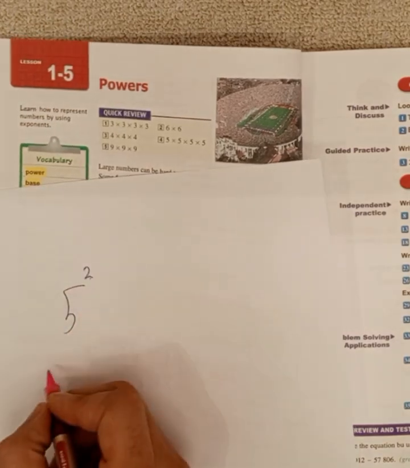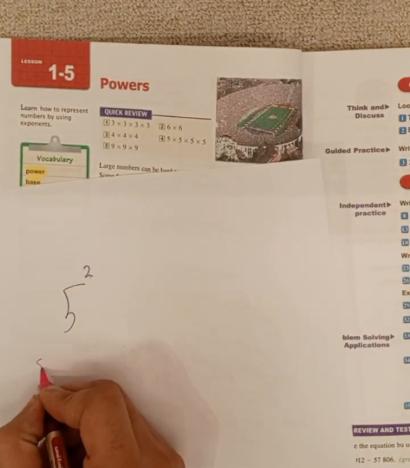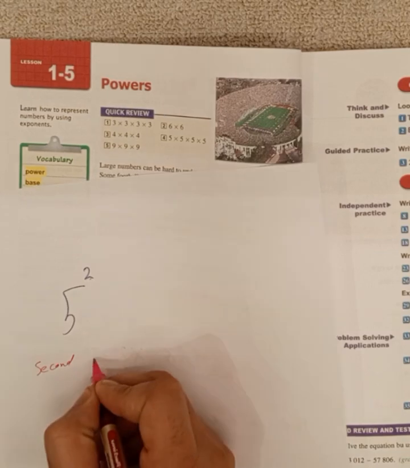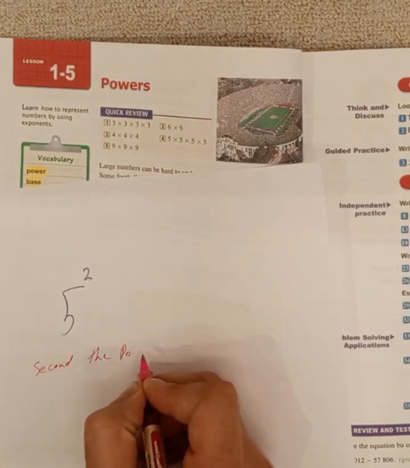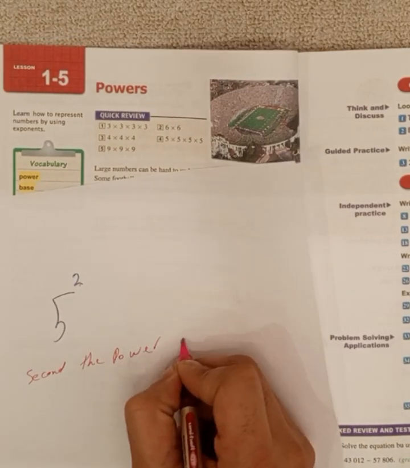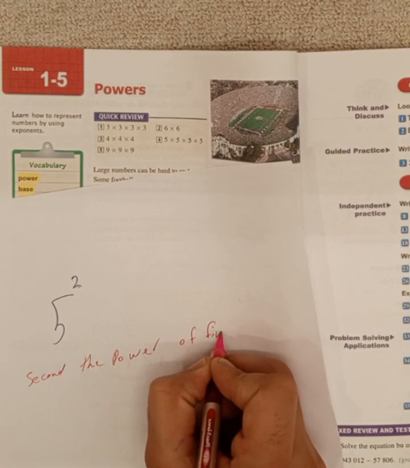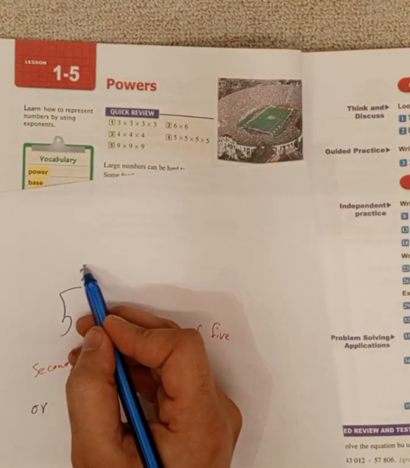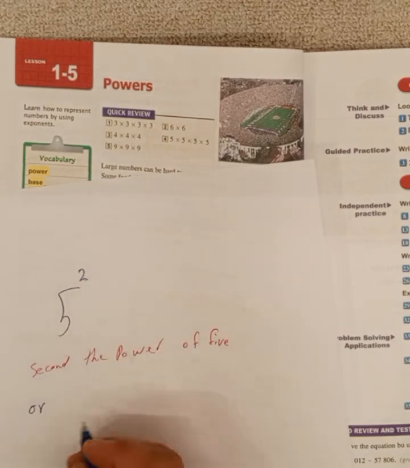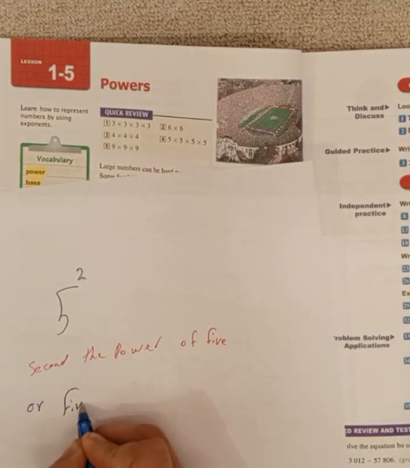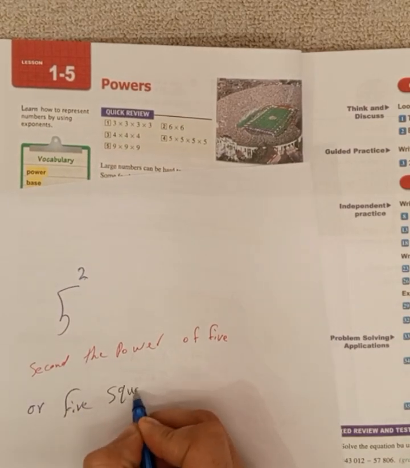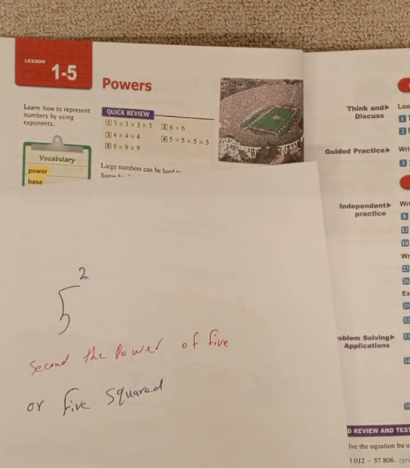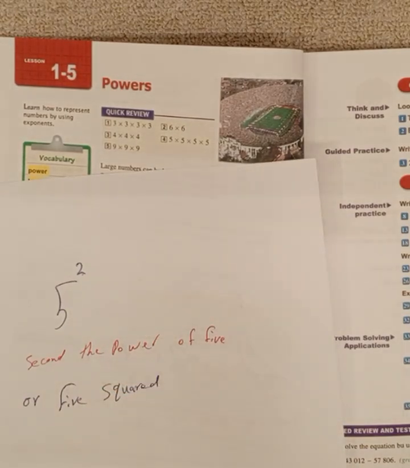We can read this one and say second the power of 5, right? There is another way to read this one. Whenever you see 2 in the exponent, we can say 5 squared. We can say 5 squared. Both ways are correct to read this one, okay?